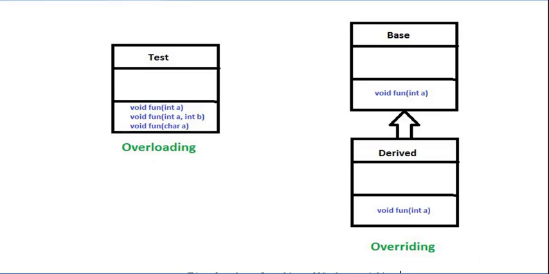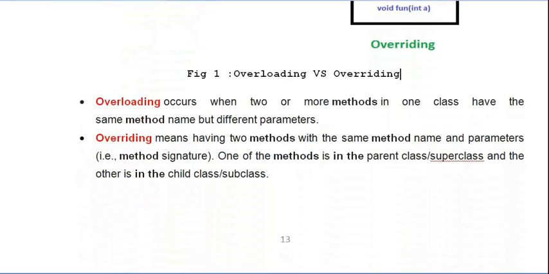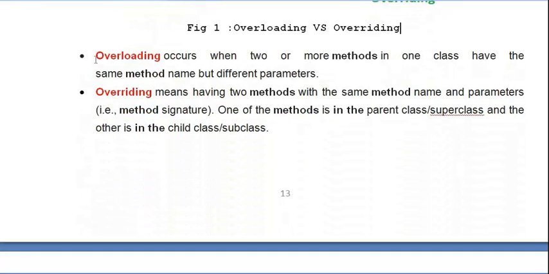Coming to the example, before that I'll explain theoretically. Overloading occurs when two or more methods in one class have the same method name but different parameters.